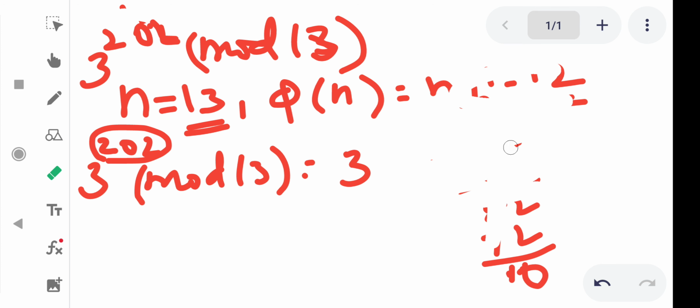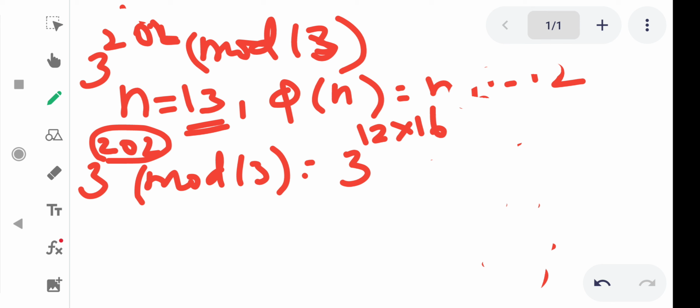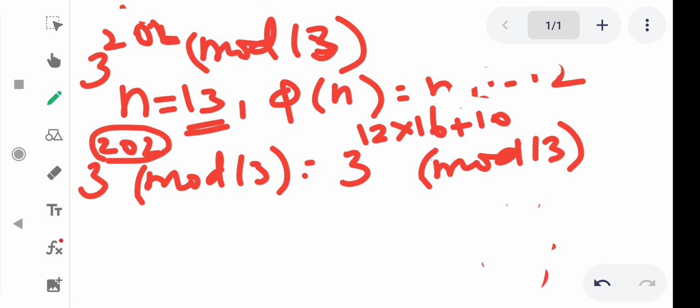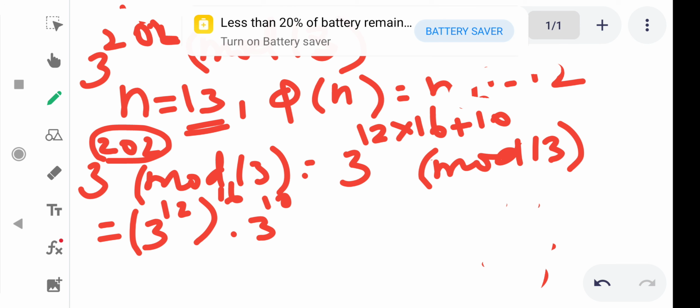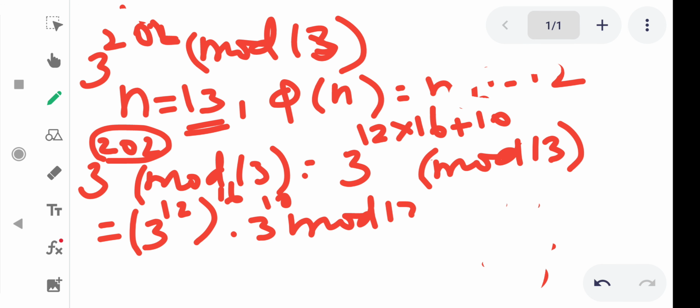So 3 power 202: the quotient is 16, so 12 into 16, and the remainder is 10. So 3 power 202 mod 13 is equal to 3 power 12, the whole power 16, into 3 power 10 mod 13.